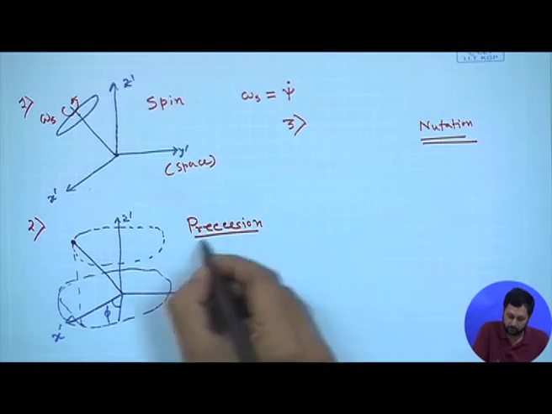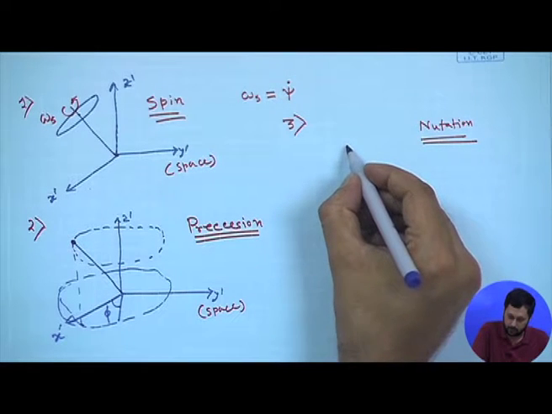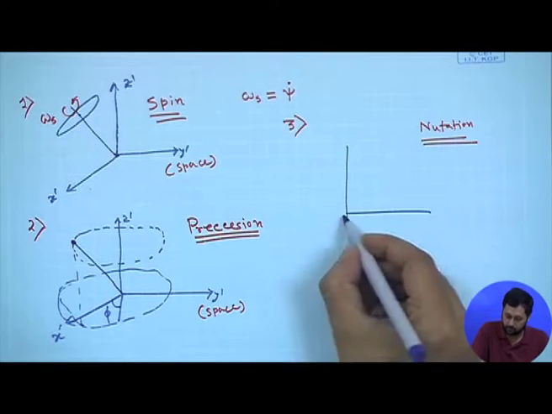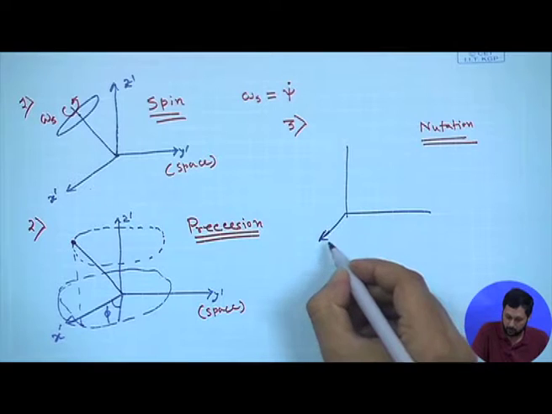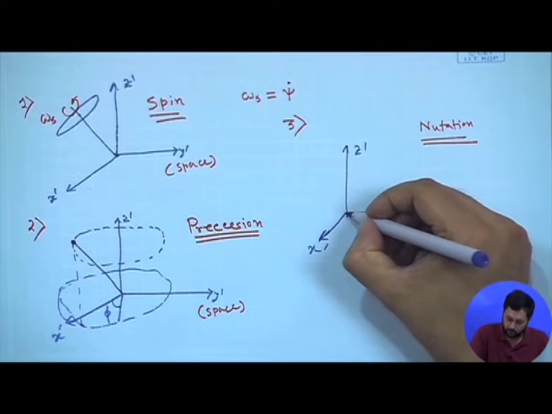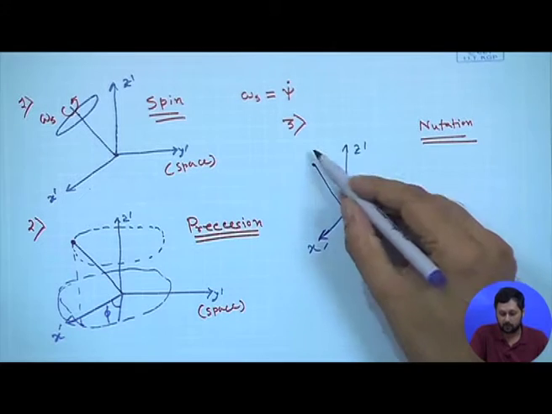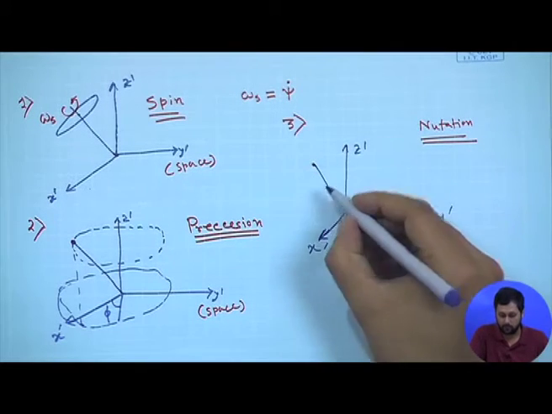Nutation is when you have, let us say, your axis system once again, x prime, y prime, z prime. I am just again drawing only the axis of the top. Okay.